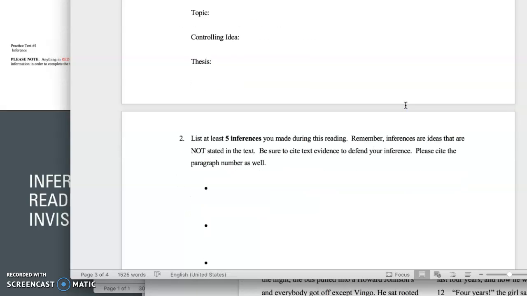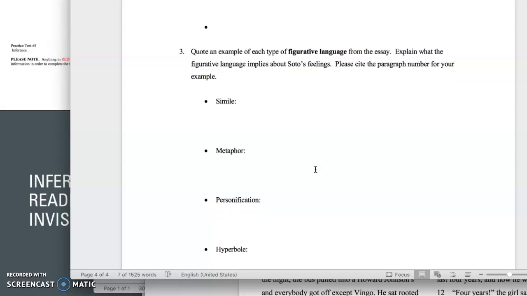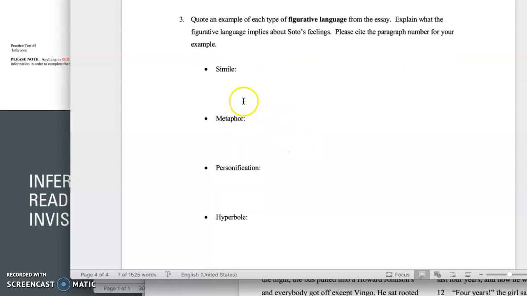So there we go. And then the next thing is you're going to list 5 inferences you've made while you were reading the text. And remember, these are ideas that are not stated. Please cite the paragraph number, wherever the paragraph is. Then you're going to quote from the text each type of figurative language, and I gave you 4 here.